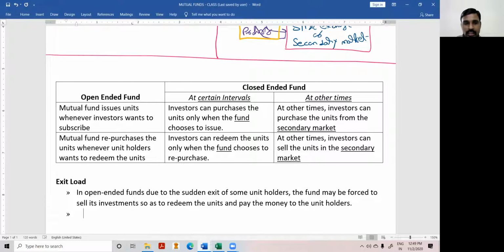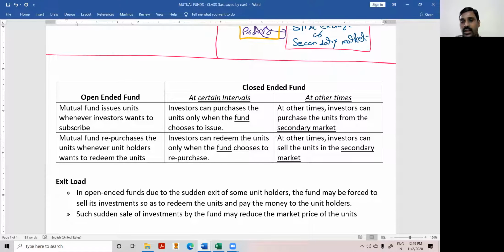Such sudden sale of investments by the fund may reduce the market price of the investments. This is the problem. Due to the sudden exit, the fund may be forced to sell the investments. Such sudden sale may reduce the market price of investments. Such a reduction in market price affects the value to the continuing unit holders.